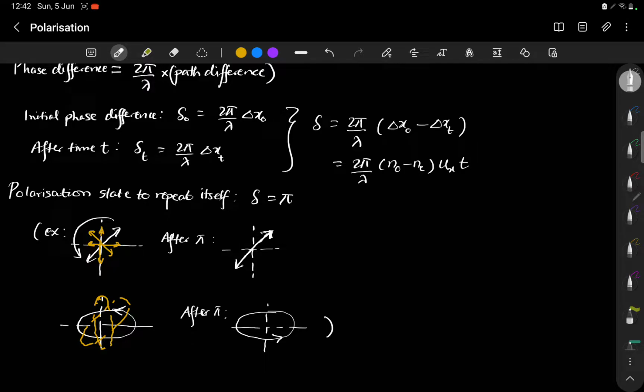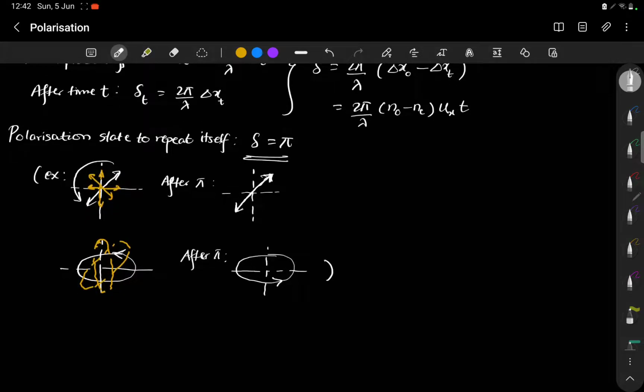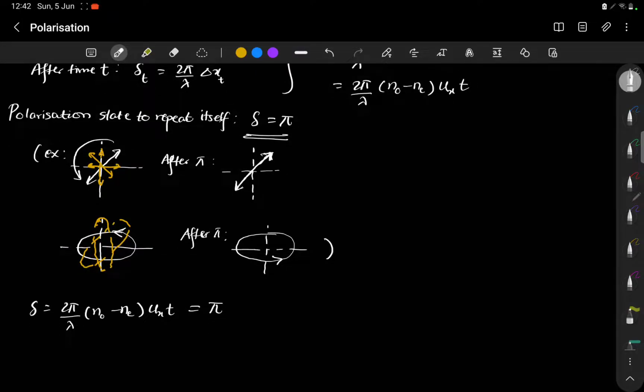So for polarization to repeat itself, we have this condition that delta should be equal to pi. So let us set it in the expression for delta. This should be equal to pi for repeatability of the polarization state.